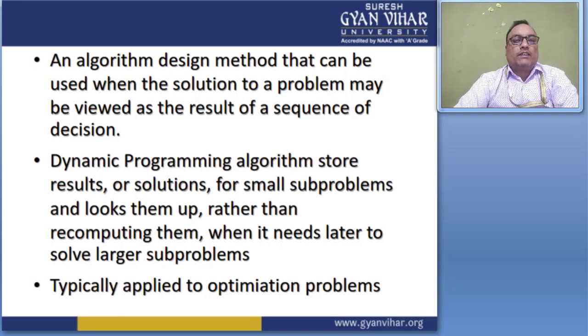Dynamic programming is an algorithm design method that can be used when the solution to the problem may be viewed as the result of a sequence of decisions. It is a very powerful algorithm technique to solve a particular class of problems, and it demands very elegant formulation of the approach and simple thinking, and the coding part is very easy.